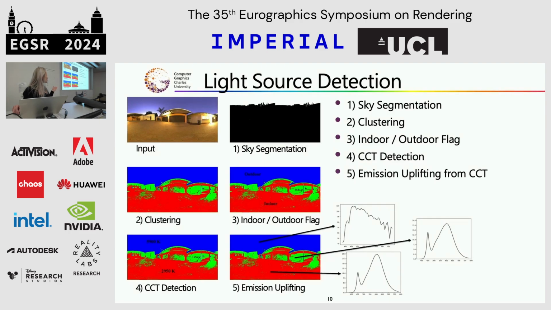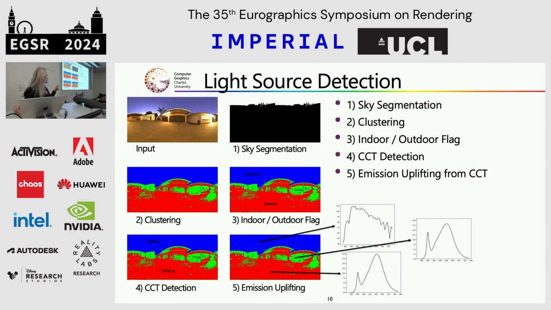So you get an input environment map. Now I'm giving an overview, then I'll dive into individual steps a bit more. You get an input HDR map, you do sky segmentation, then you do what we call light source clustering. So you find the main light sources of the env map, and you find the pixels that are most influenced by these light sources.